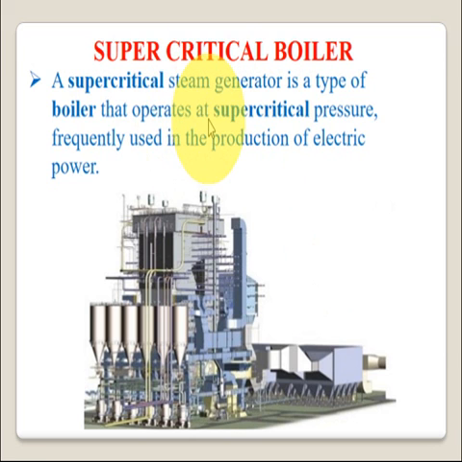A supercritical steam generator is a type of boiler that operates at supercritical pressure, frequently used in the production of electric power. The critical pressure is 221 bar, and if the pressure is more than that, the boiler is called a supercritical boiler. It also requires a temperature of more than 374 degrees Celsius.